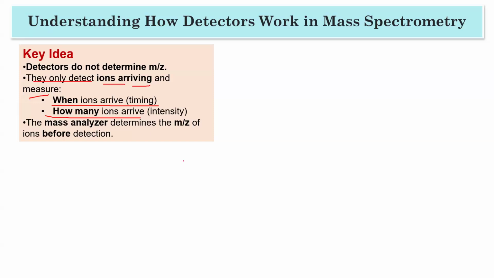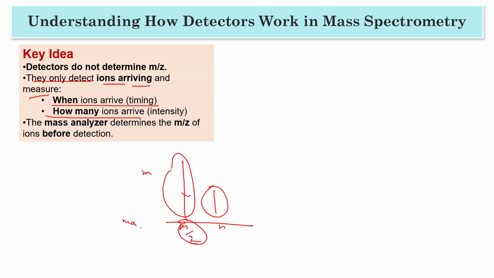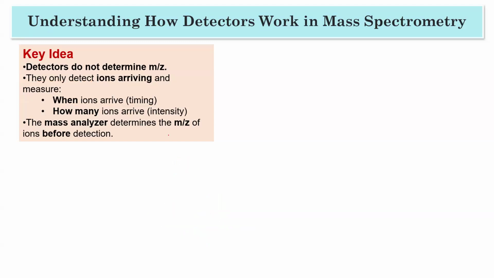The detector is just telling you the intensity of the peak. m/z is told by the mass analyzer. The mass analyzer will tell you the m/z, and when the ions arrive at the detector, it will tell you the intensity. I hope you understand.